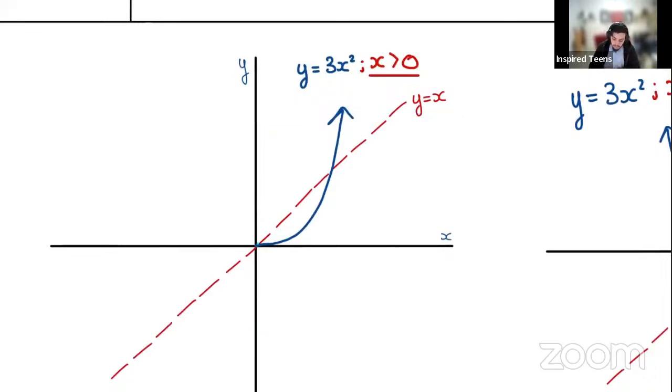If we look at the reflection of this graph, we will see that it looks like this. Something like that. Again, it's not perfect. I'm no artist.